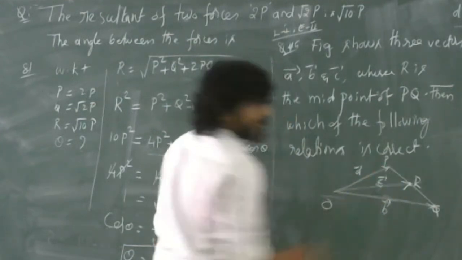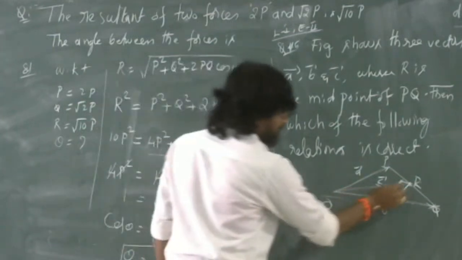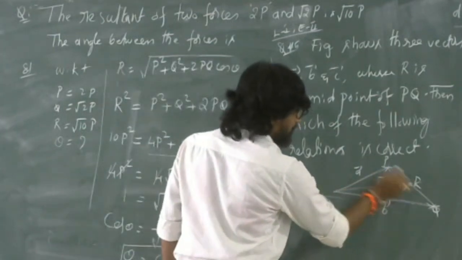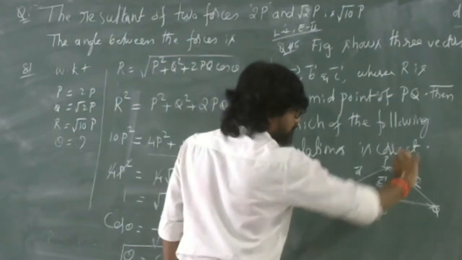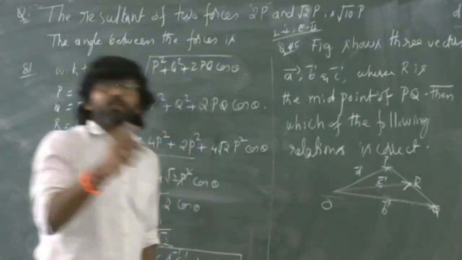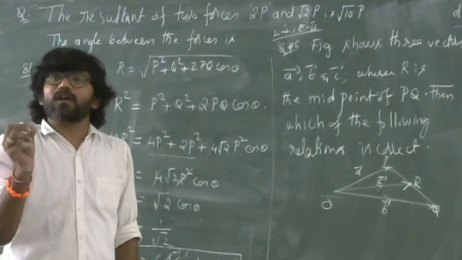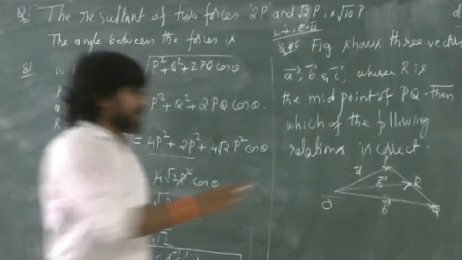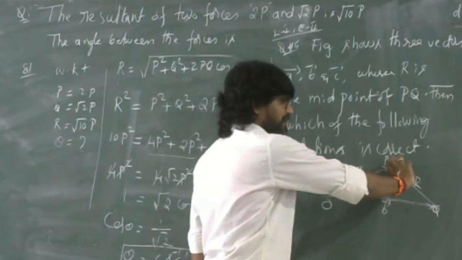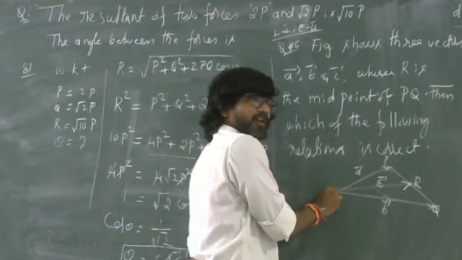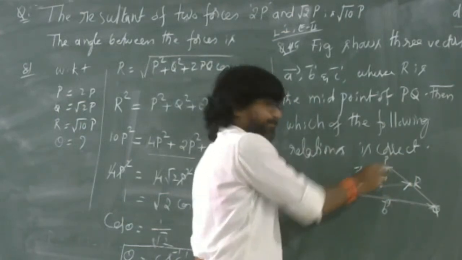This is the sum of two vectors, PR being one vector. The sum of these two vectors gives the third vector according to the graphical method of addition of vectors. If this is the first vector and second vector, we draw a line from the initial point of the first to the final point of the second, which gives the resultant.